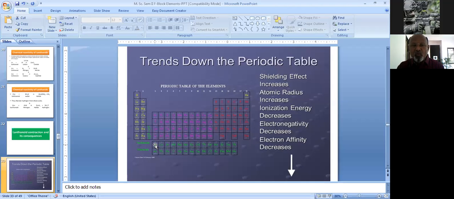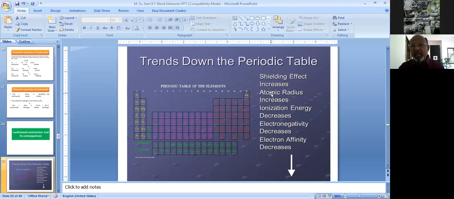So as we move from left to right in the sixth period, from atomic number 57 to 71, the addition of electrons takes place in the same subshell, which changes the shielding effect. That means the inner electrons are pulled towards the nucleus, which results in the shrinkage of atomic dimensions.